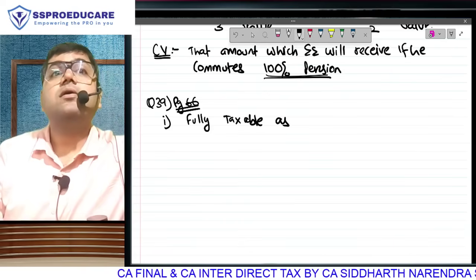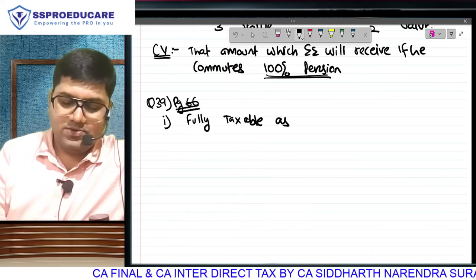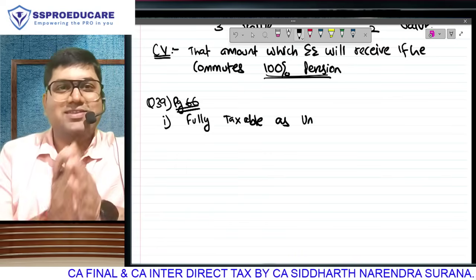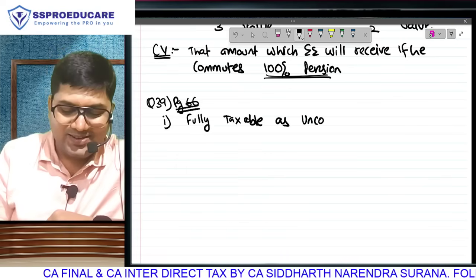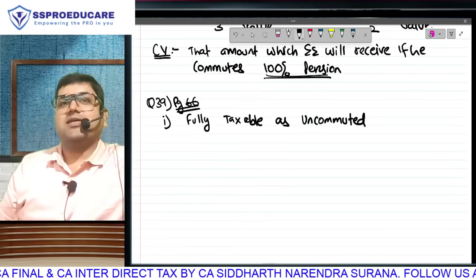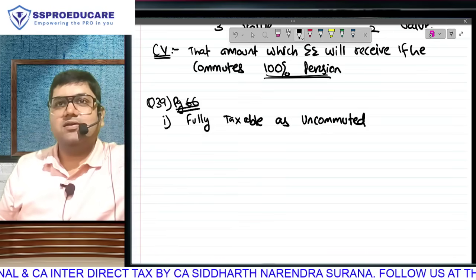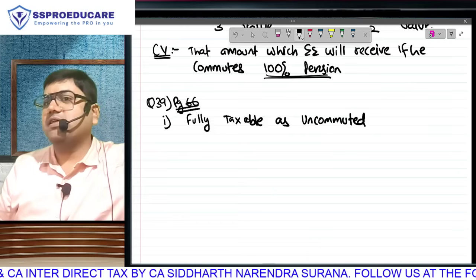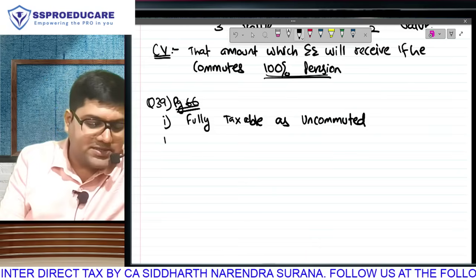Fully taxable as uncommuted. Clear? Government purposely they have given, but it is going to be fully taxable.